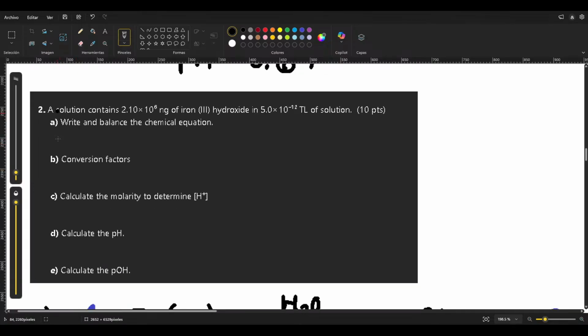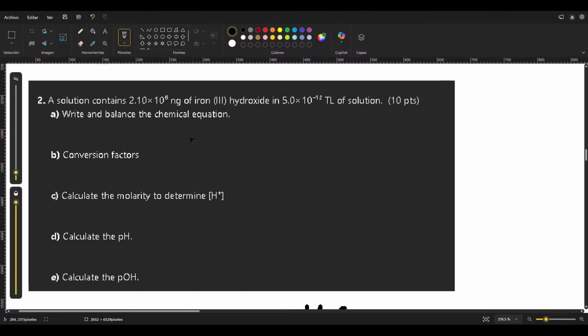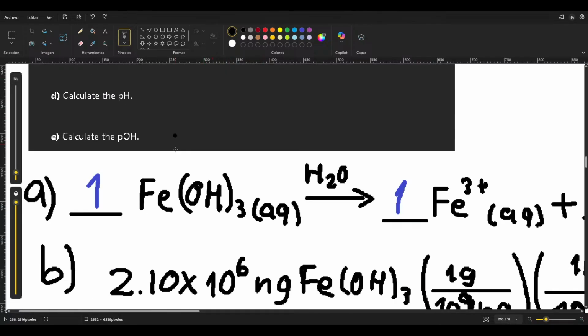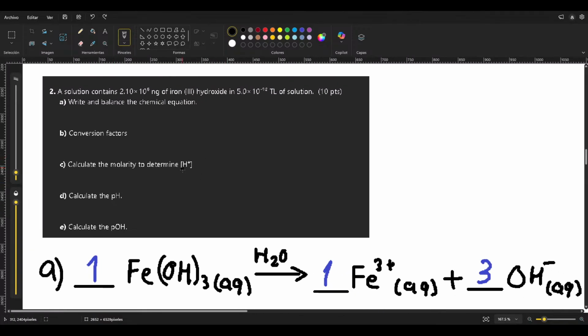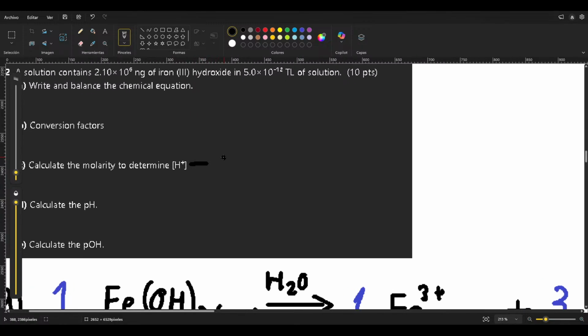This problem is a bit weird because it's asking us for the concentration of H plus, but this is a hydroxide. This is a base. I think the teacher most likely meant OH here.